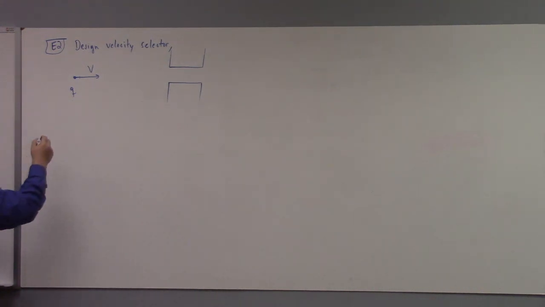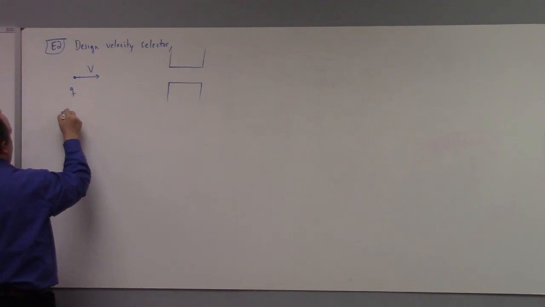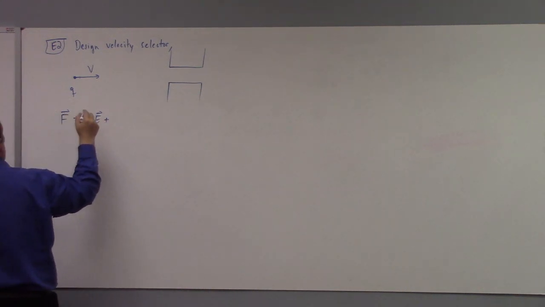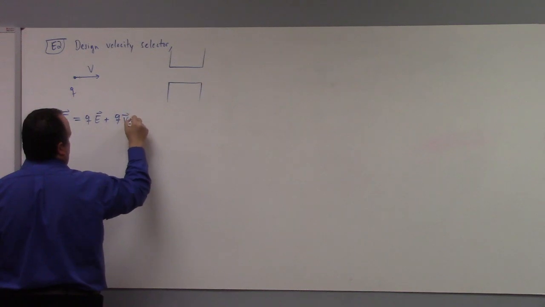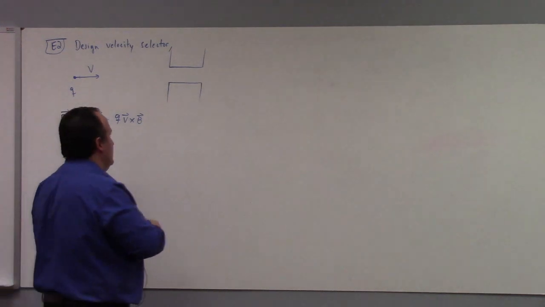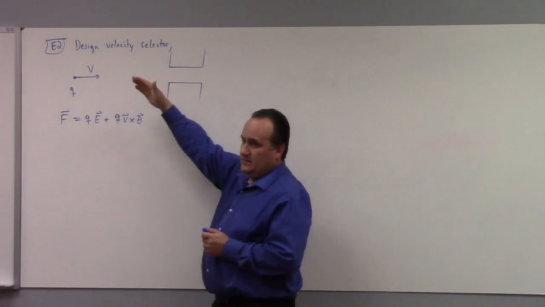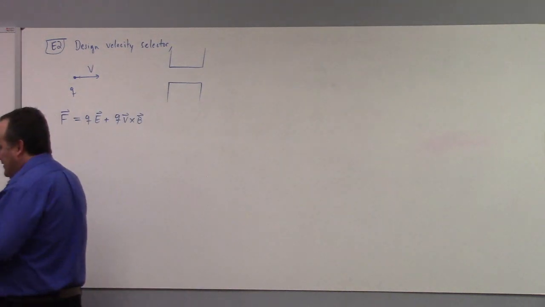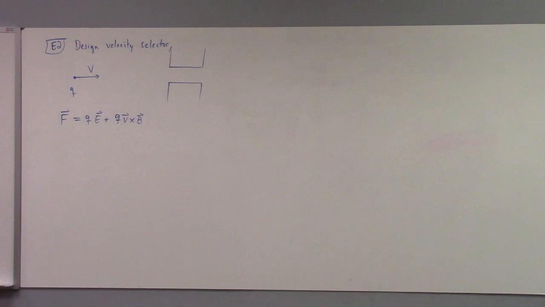Well, then you think about F equal to QE plus QV cross B. If you set up the electric and magnetic fields in this region in a particular way, you can make the acceleration 0, and so that will just allow the ones with that particular velocity to pass through, and anything else is going to get deflected because the magnetic and the electric force won't balance out.